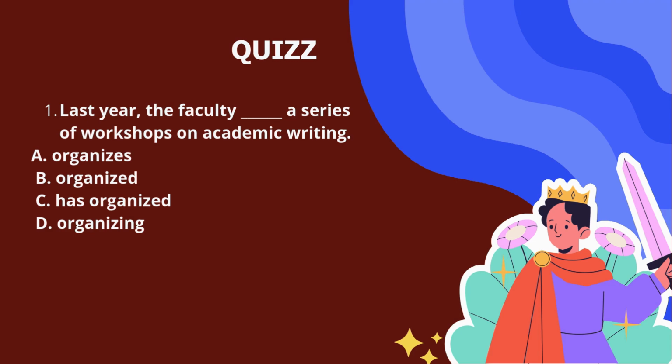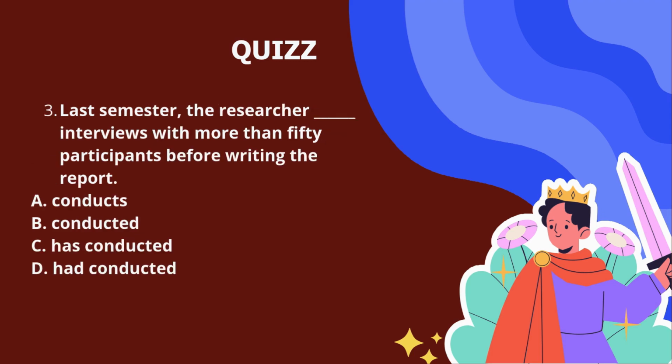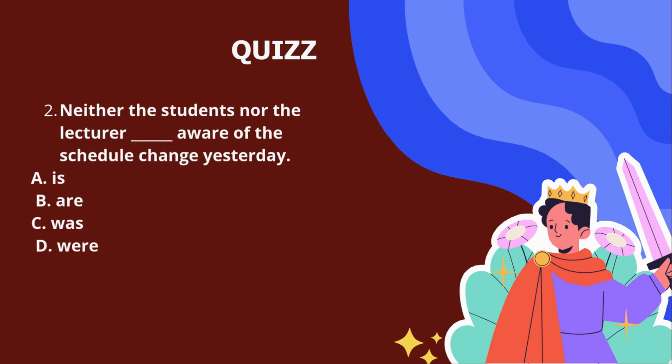Okay, next, come to the next number. Number 2. Let's read the question. Neither the students nor the lecturer blank aware of the schedule change yesterday. See the sentence. In the sentence, there is no verb. That's why we have to fill in the blank with the best to be.